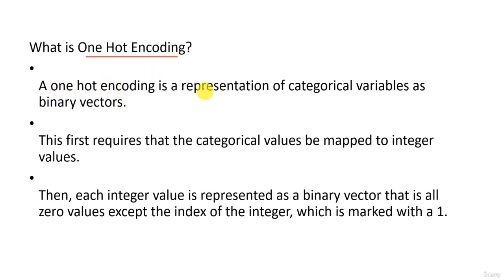So one-hot encoding is a representation of categorical variables. Now you must remember what categorical variables mean. Essentially there are two types of variables. First is numerical variables.